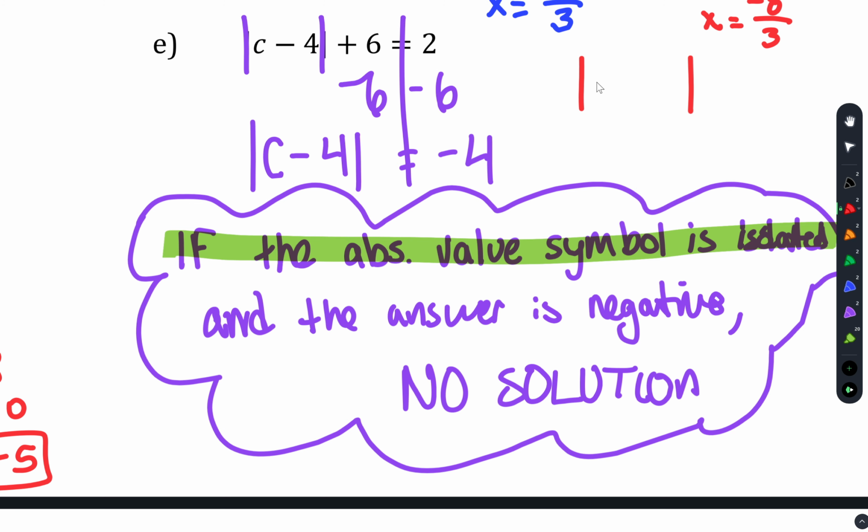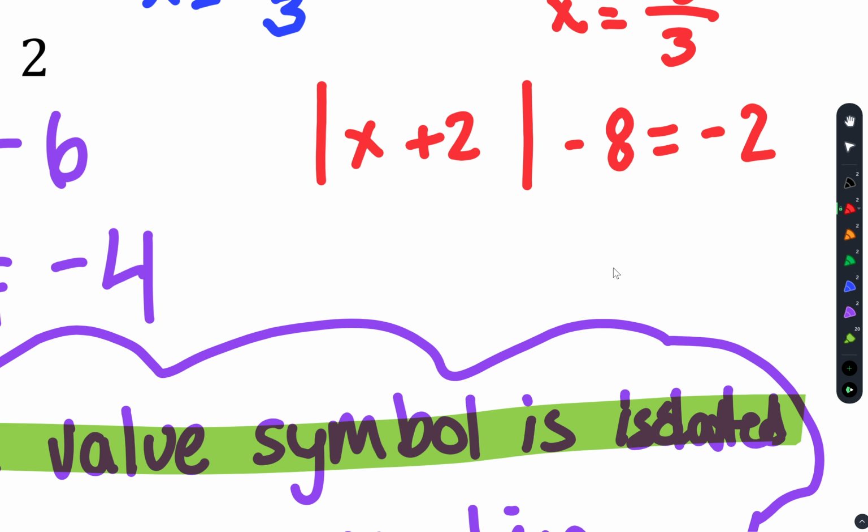Let's say it was, I don't know, x plus 2 plus 8. No, not plus 8. Minus 8 equals -2. If I don't isolate my absolute value sign and I say, hey, I see a -2, I'm going to call that no solution. Is that going to be correct when I actually do the isolating?